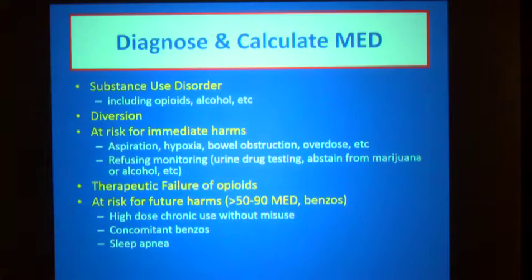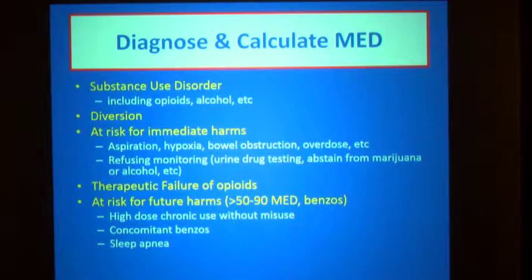Okay, so step number one of approaching an opioid taper is that you first make a diagnosis. What, like Lydia was saying, what are you diagnosing? What is the indication for this taper? And that is really probably your most important step because that's going to dictate how you approach the situation after that. So are we dealing with a substance use disorder? It doesn't have to just be opioids.